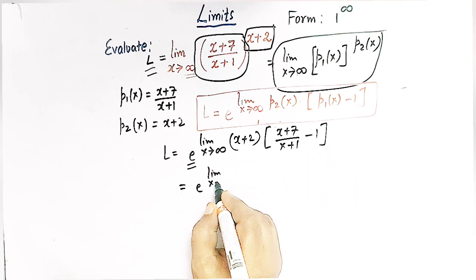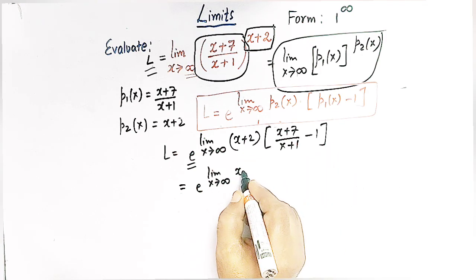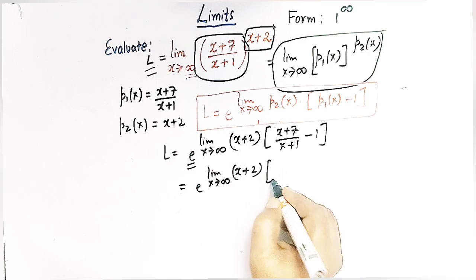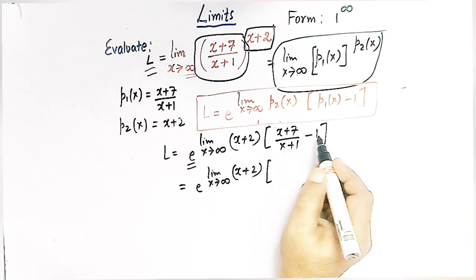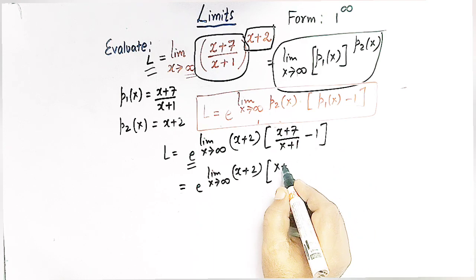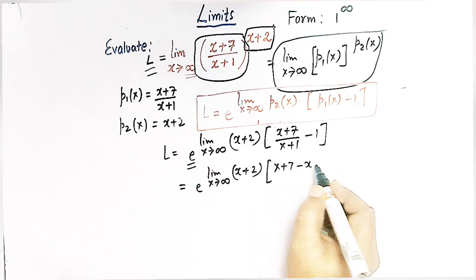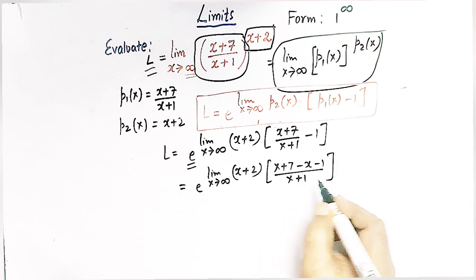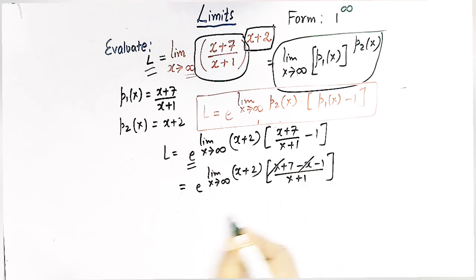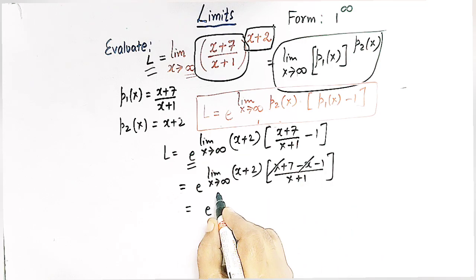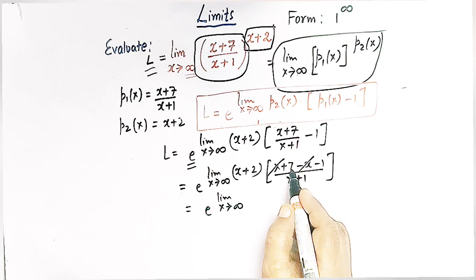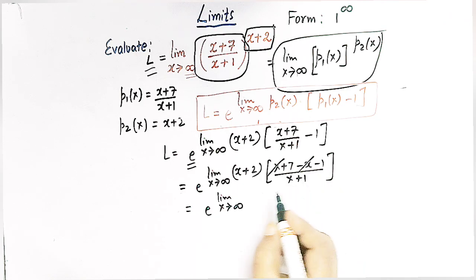We keep x plus 2 as such and simplify the bracket. We have x plus 7 minus x, and here we have minus 1, over x plus 1. Now this x and this x get cancelled, and we are left with limit x tends to infinity, and 7 minus 1 is 6.